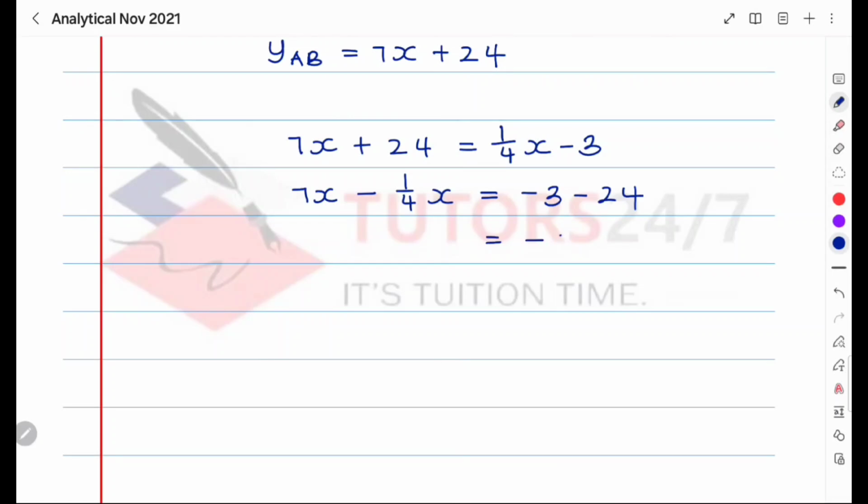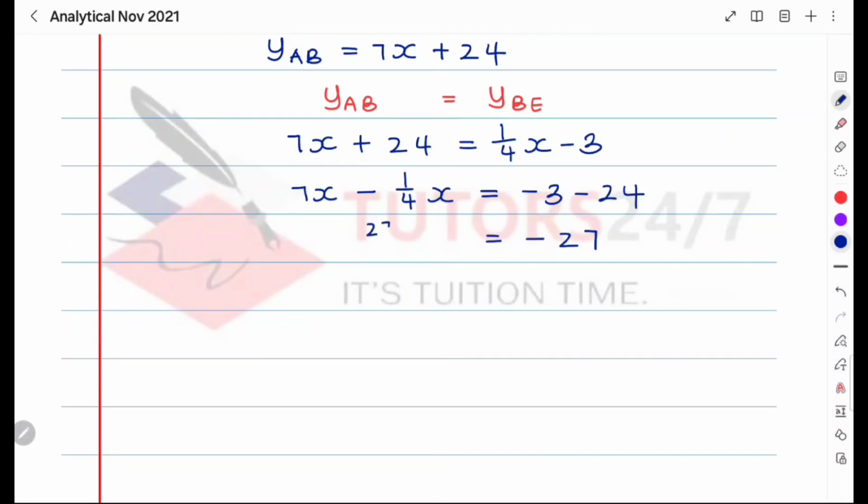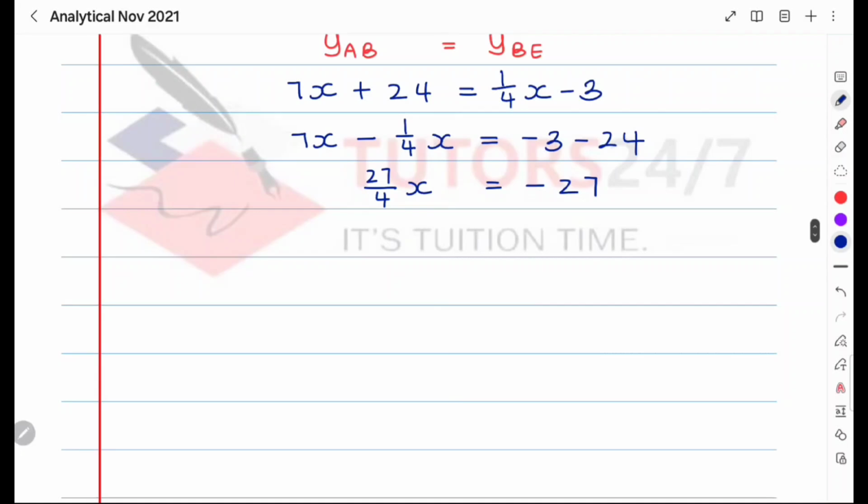On the right, this gives us -27. On the left, 7 minus 1 over 4, and that is equal to 27 over 4x. We're going to divide both sides by 27 over 4, or you could say we're going to divide both sides by the coefficient of x, and we therefore have x as equal to -4.